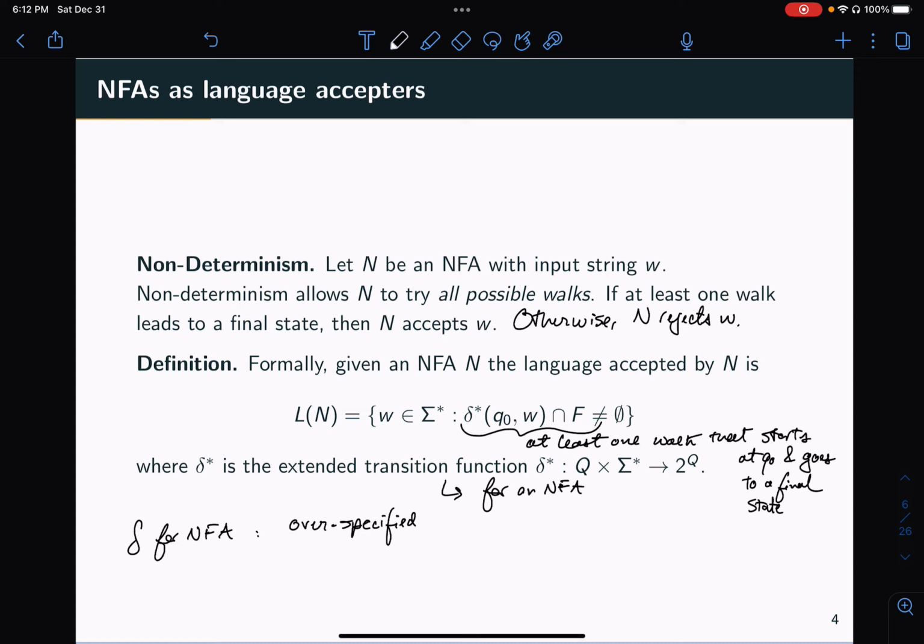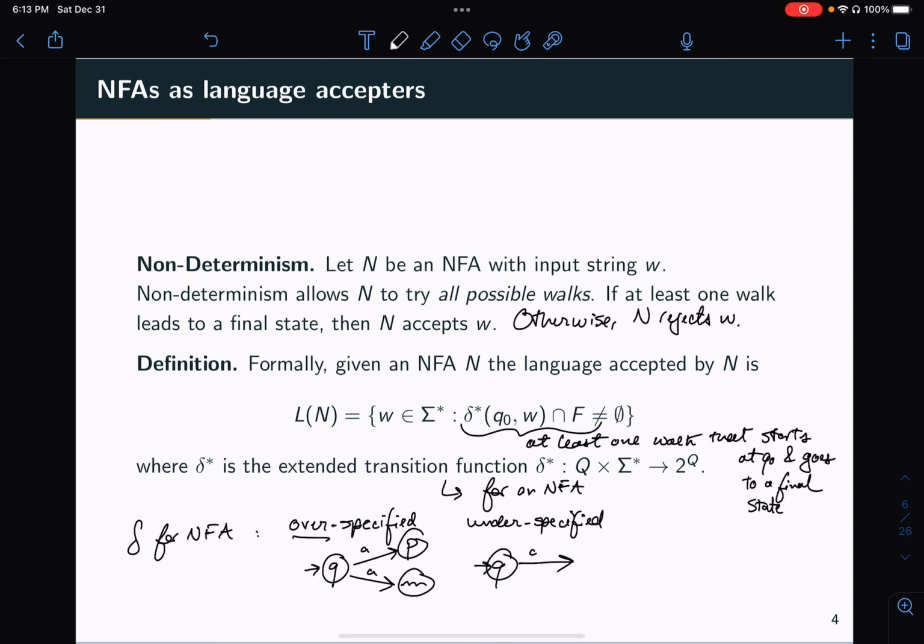So what we mean by over-specified is that if you're in a state Q and you read A, then you could perhaps go to a state P, or you could also go to a state M. So over-specified just means that you can go to more than one state. Or you can have an under-specified transition, in which case, it's the example I showed before. Perhaps you have a transition for A, okay? Maybe from Q reading A, you go to P, but there is no transition for B.